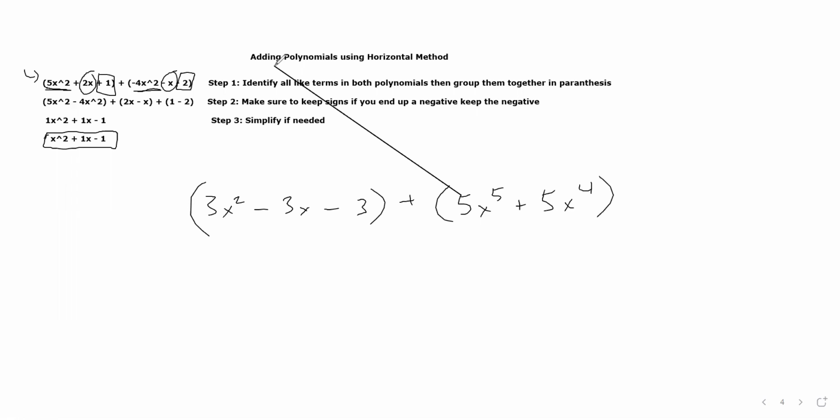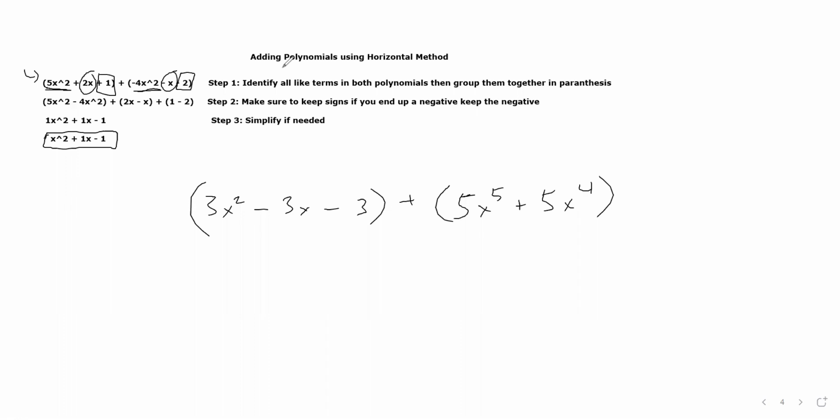So what do you do when they don't match like this? You're going to try to group them together. What should take priority? If you're ever in a situation where none of the powers match or none of the variables match, you're just going to put them in descending order.